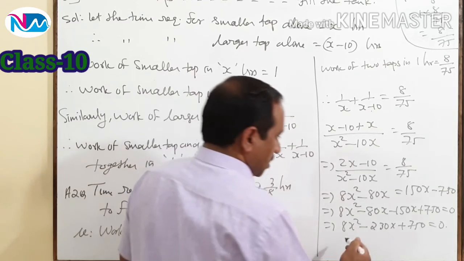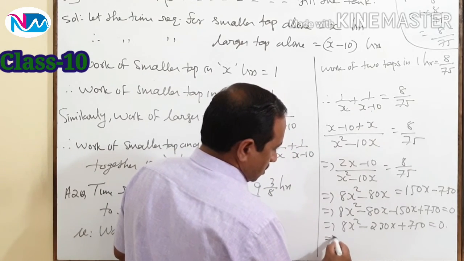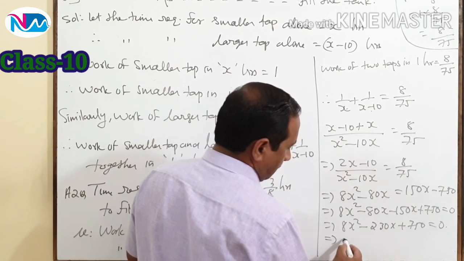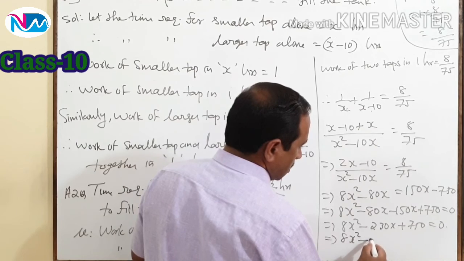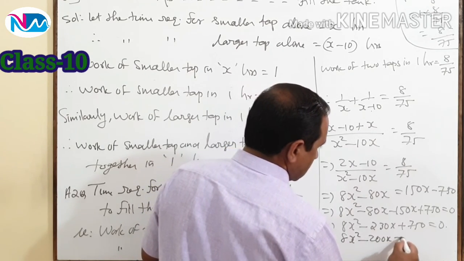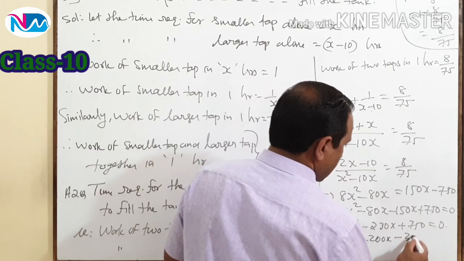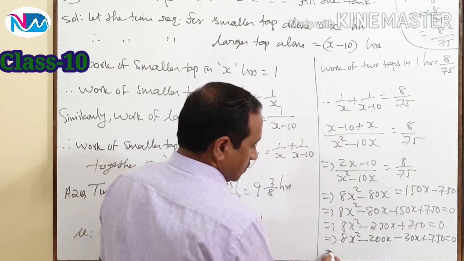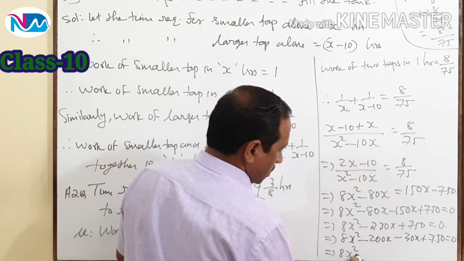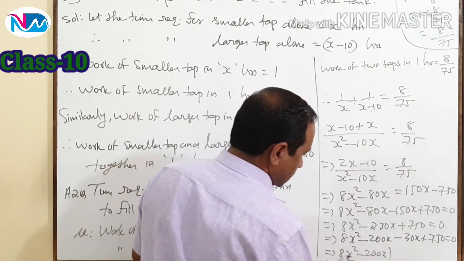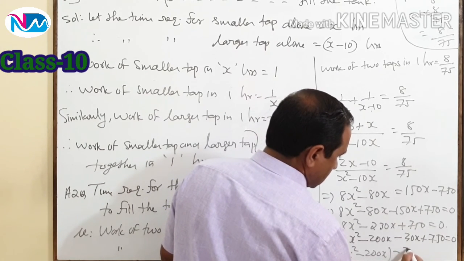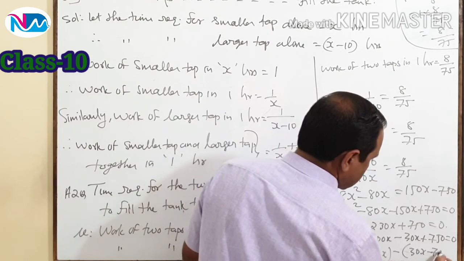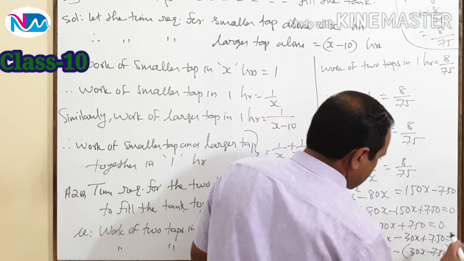Here we can factorize by splitting the middle term. 8x square minus 200x minus 30x plus 750 is equal to 0. That is 8x square minus 200x, minus, inside the bracket we get 30x minus 750, equal to 0.